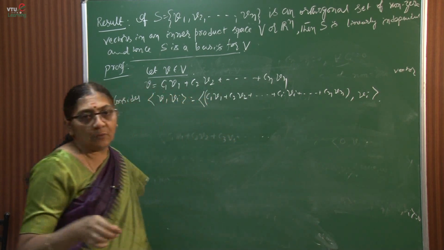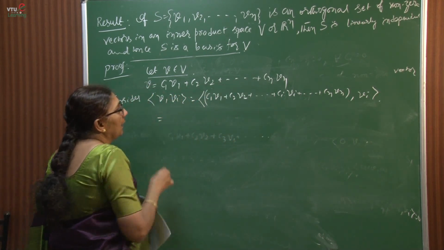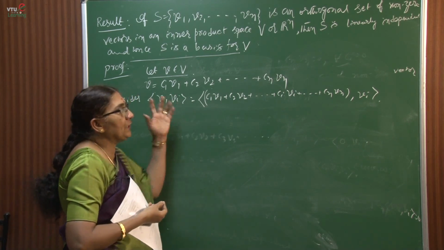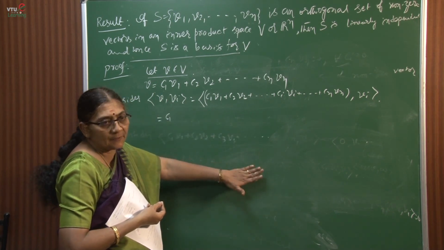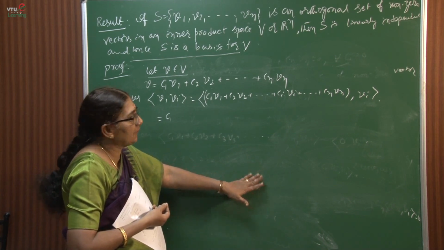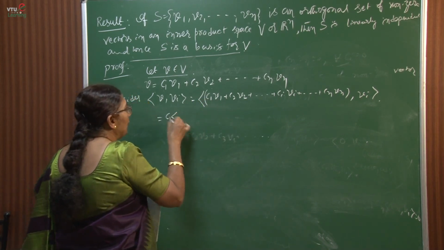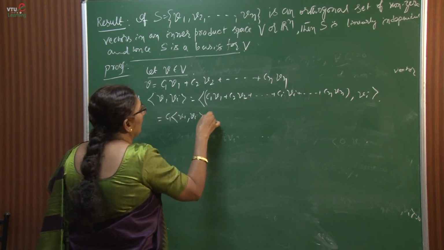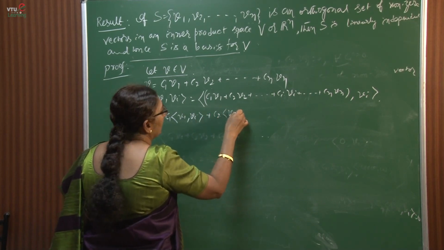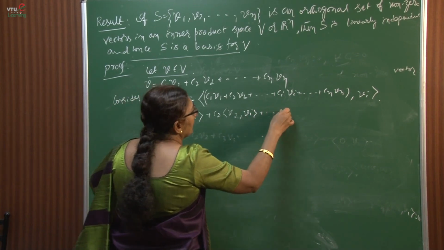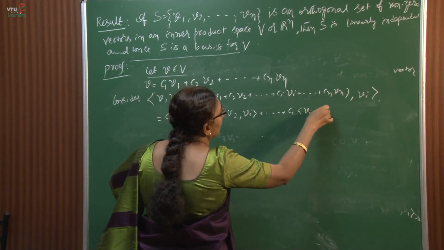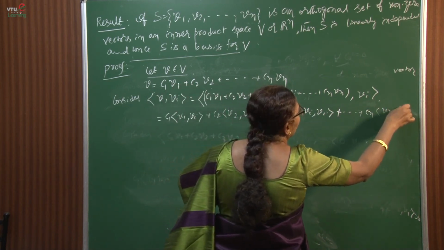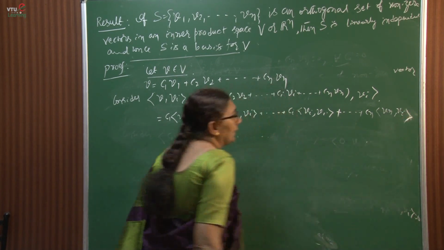As in the previous step, using additivity of the first slot and homogeneity of the first slot, which I discussed just a few minutes ago, combining both, we get c1 into inner product of v1 comma vi, plus c2 into inner product of v2 comma vi, and so on, ci into inner product of vi comma vi, plus and so on, cn into inner product of vn comma vi.